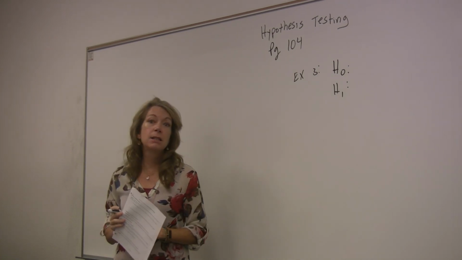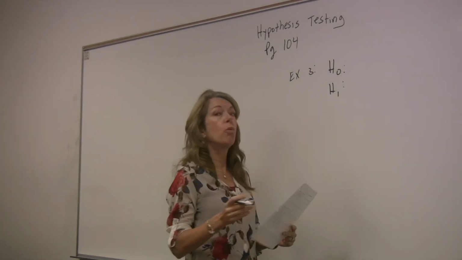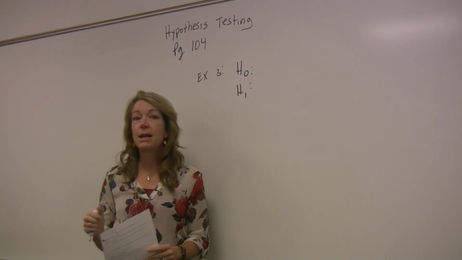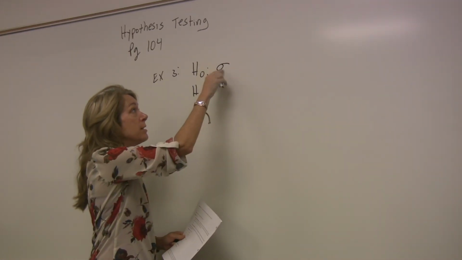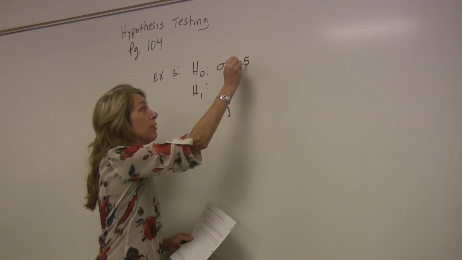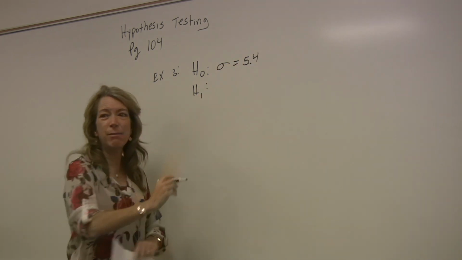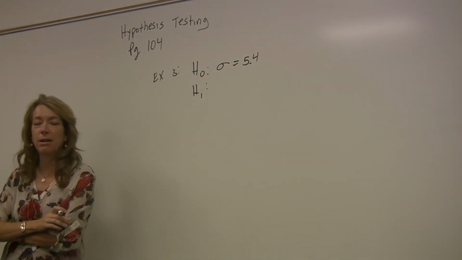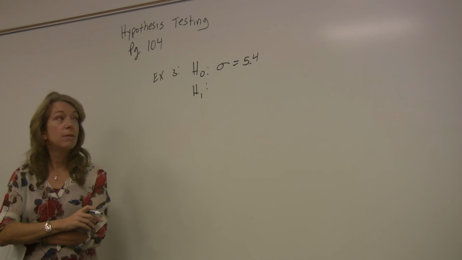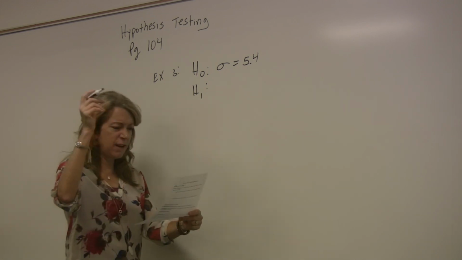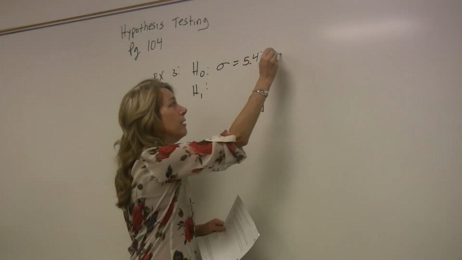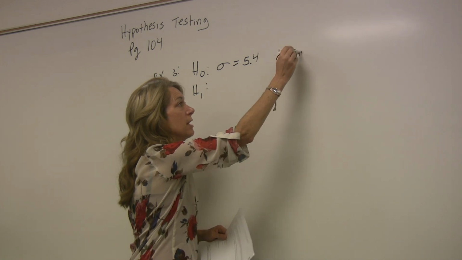H0, because it has the equal sign. What symbol do I use? The sigma. Always talking about the population parameters. You're never putting a claim about a sample. A sample you can actually calculate. That's our claim. Standard deviation was it 5.4? Yes. That's our claim here.